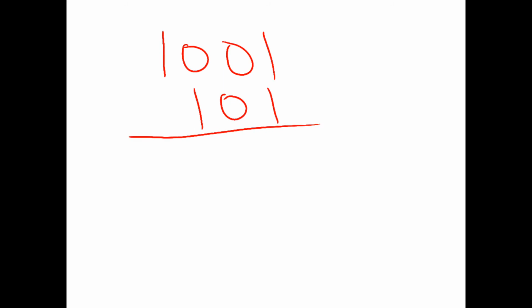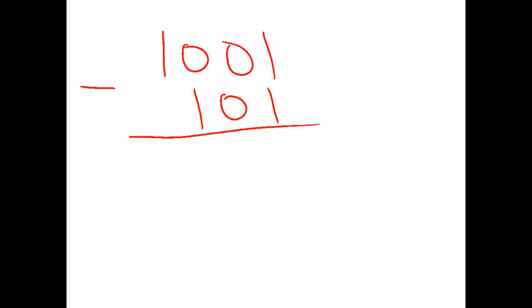So let us take some examples in binary form and learn the subtraction. Let us take the first problem here. Let us say these are the two numbers for which we have to perform the subtraction.